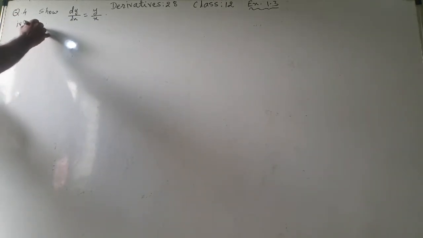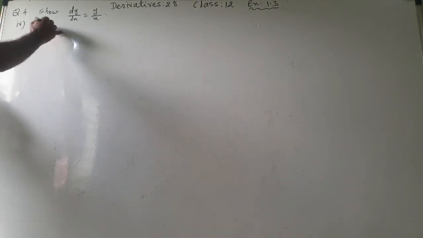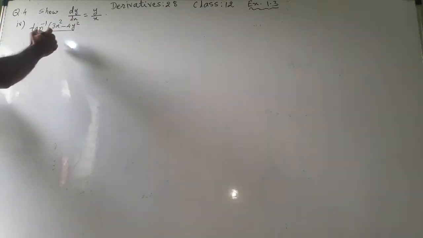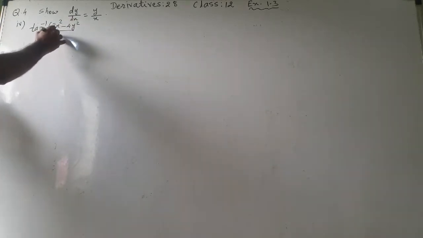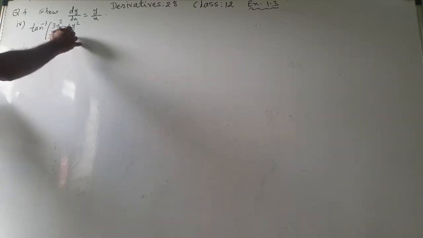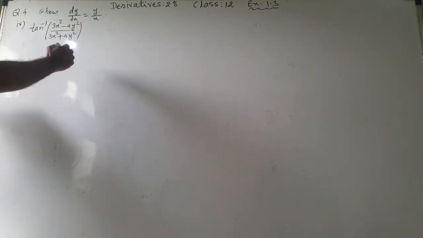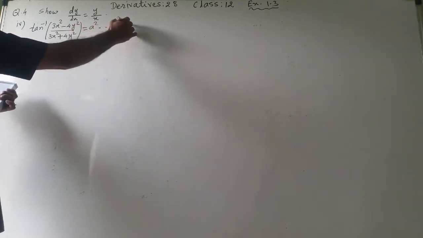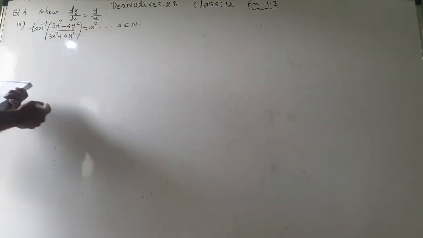Tan inverse of 3x square minus 4y square upon 3x square plus 4y square is equal to a square, where a belongs to n, means it is a constant number.